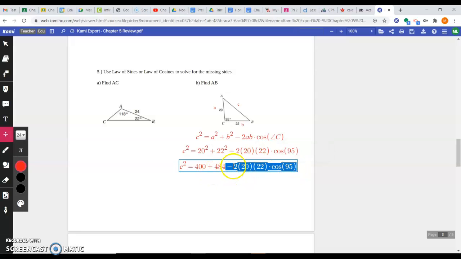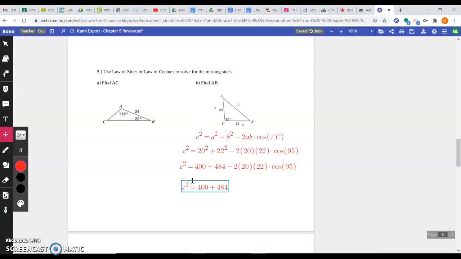Now, by carrying this negative sign with me, if I do this multiplication and I get a positive, that's going to become an addition now. If I carry this with me and I do the multiplication, and it becomes a negative number, then this stays a subtraction. Okay? So I'm going to go and I'm going to do the multiplication. I'm going to leave the rest right now. And so I get c squared equals 400 plus 484. And now I'm going to do this multiplication.